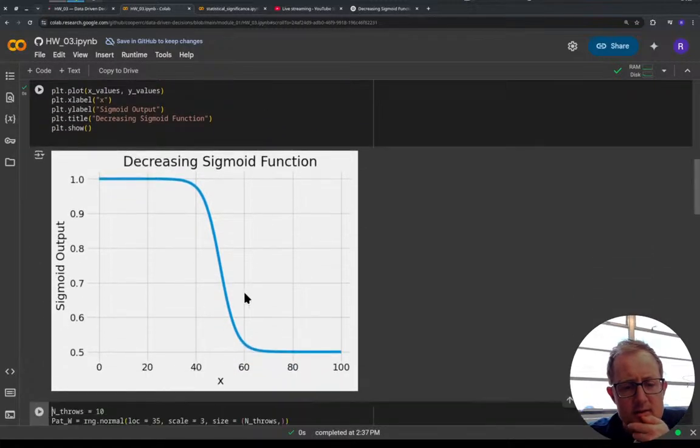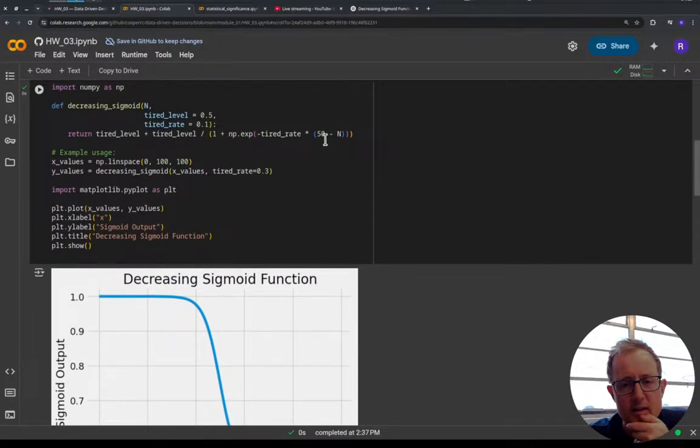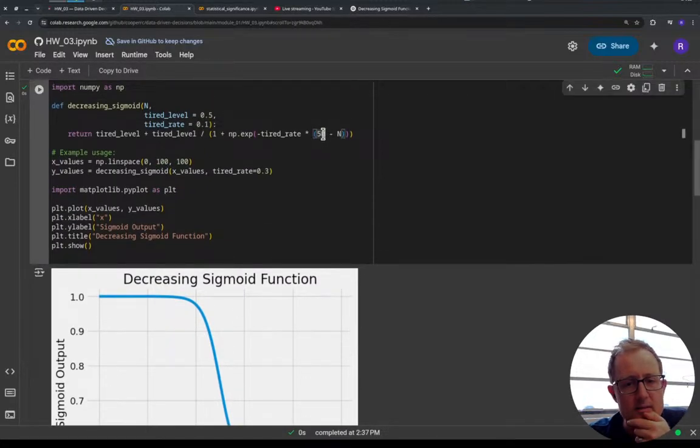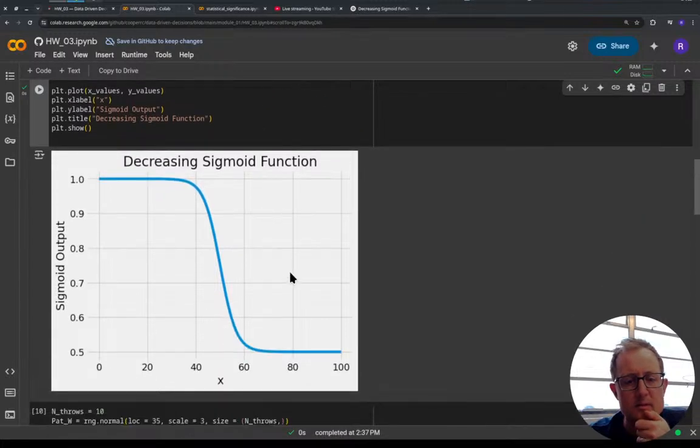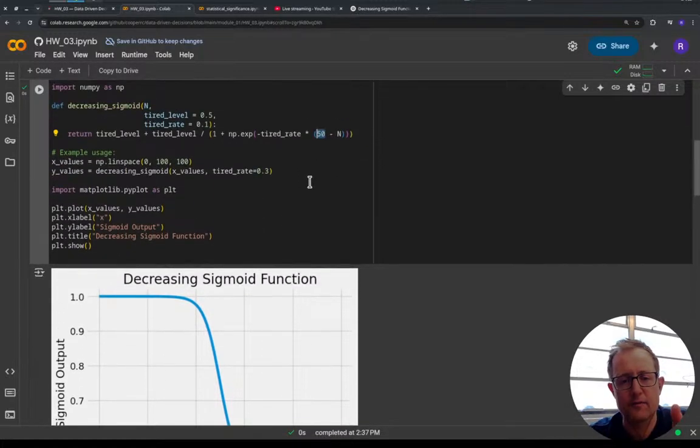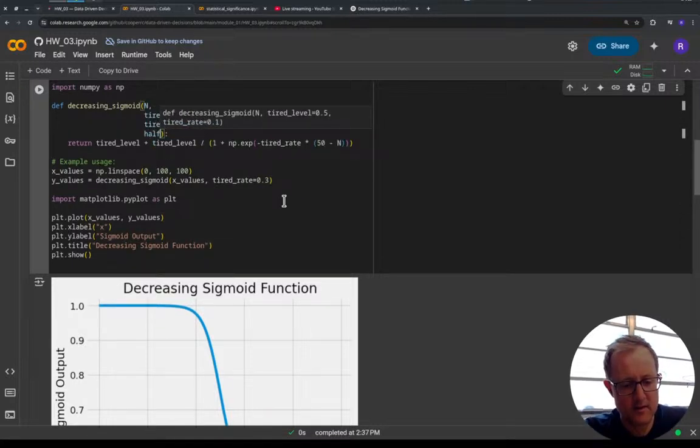And right here, this is our 50% line. So it's saying that after 50 throws, that's our halfway point. So let's call it our halfway point.